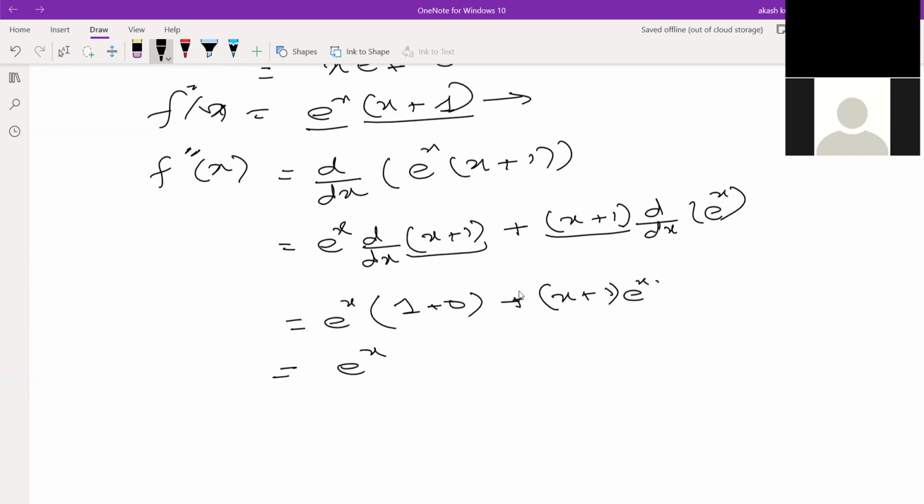So it will be e^x plus x e^x plus e^x, right? x multiplied with this and multiplied with 1. So it will be 2e^x plus x e^x. e^x and e^x will be 2e^x, and x e^x will come as it is. Is it clear? This is the double derivative.